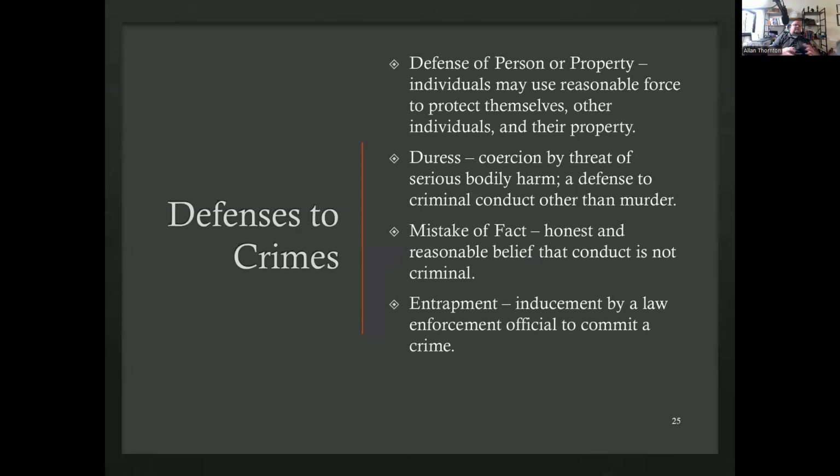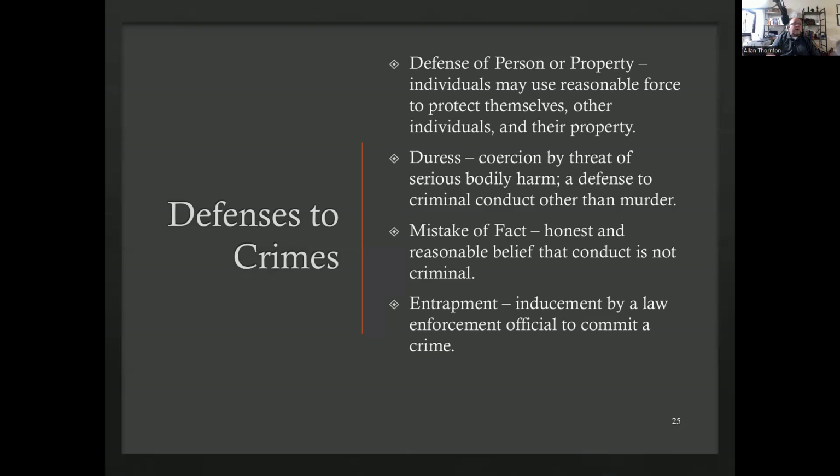So if your business has been charged with a crime or you're facing that, or as an individual, the defenses that we run into can be that you are defending a person or property. It's like I'm fixing to start a commercial for an attorney here. That's normally for if you've harmed someone, an assault case, a battery case, or even a murder case.